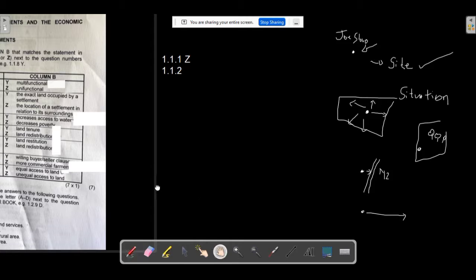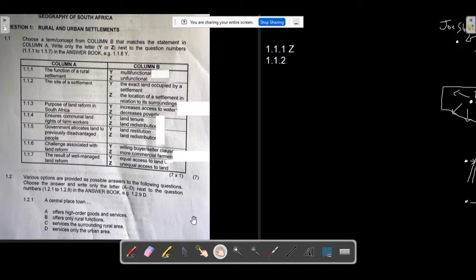Looking at this, we have two options, and Y says the exact land occupied by a settlement. So I will be going with that one. Whereas Z says the location of a settlement in relation to its surroundings.